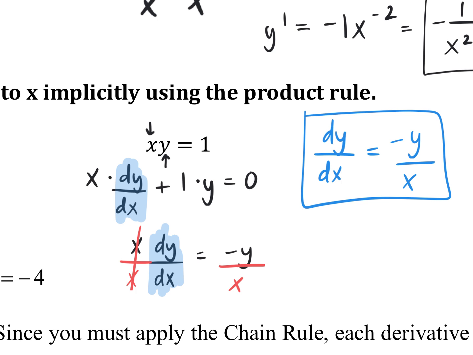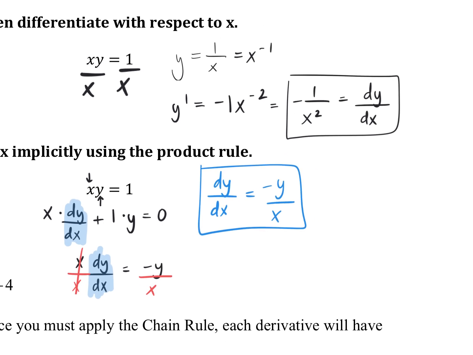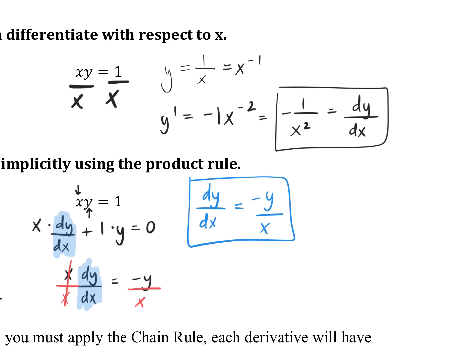Okay, so we just found the derivative 2 different ways, using the product rule and doing it how we've done before by solving first for y, okay? However, do these two things look exactly the same? No. The reason for that is because in the second one that I did, using that product rule, I have a y here, okay? Well, didn't I know that y is also equal to 1 over x?